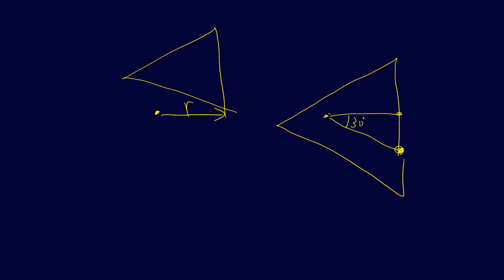So go left by 30, go right by 30 degrees, head north, and then start. In the case of a square, we should go 45 degrees and start north. So it's going by 180 over n, this theta is 180 over n, and then go straight.